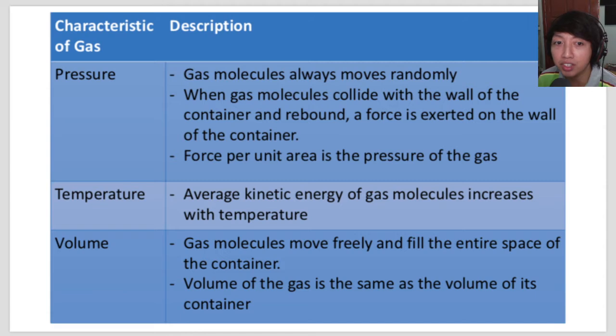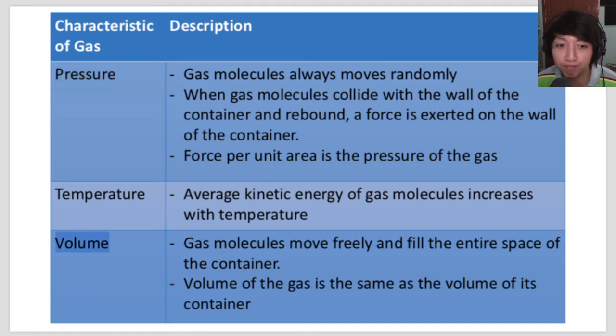Therefore, it causes the pressure to go up. Right? The more you collide with the wall, the more there's pressure. And since temperature causes the gas to move faster, it causes the collisions to happen more often. The pressure also increases. So here you can see now that there is a relationship between these two.